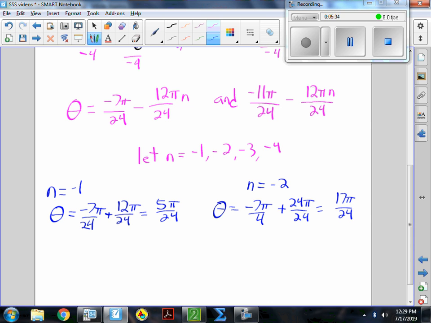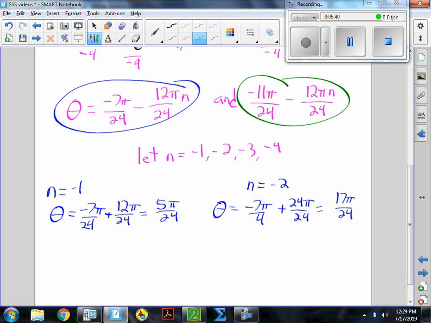So both of those went with this equation in blue. We do those same things with the second equation, second answer in red or green. I have negative 11 pi over 24 plus 12 pi over 24 is pi over 24.